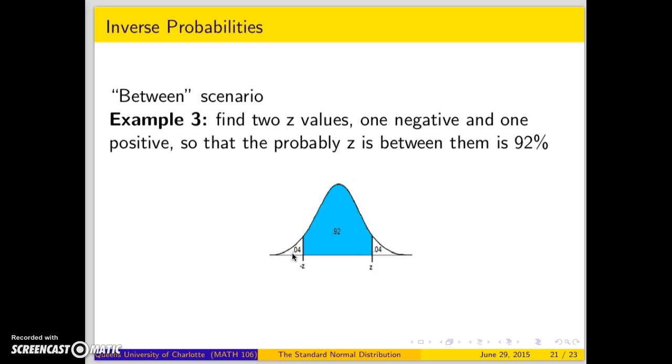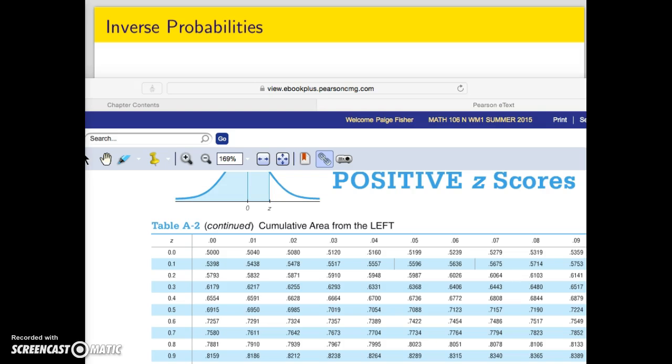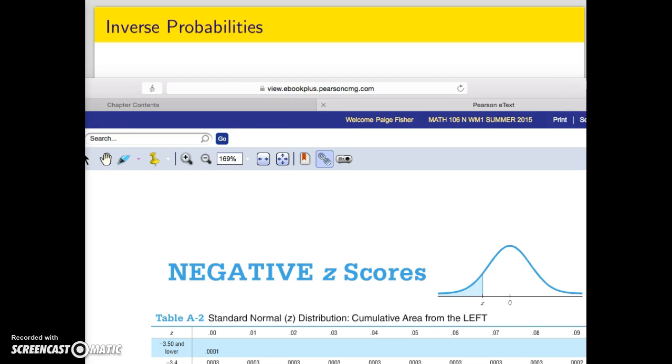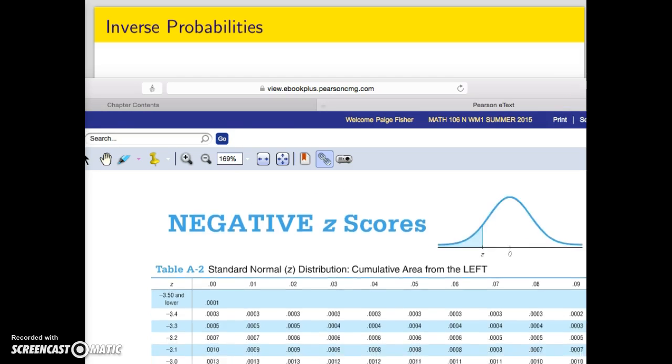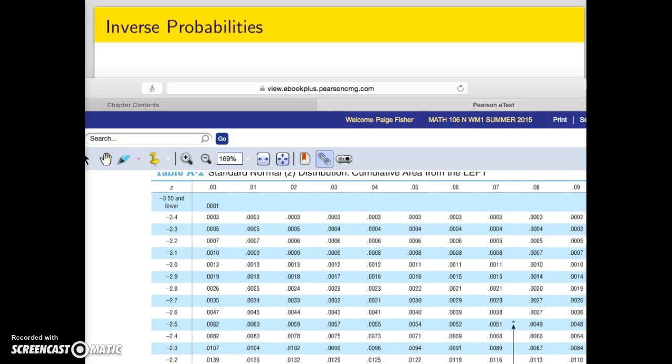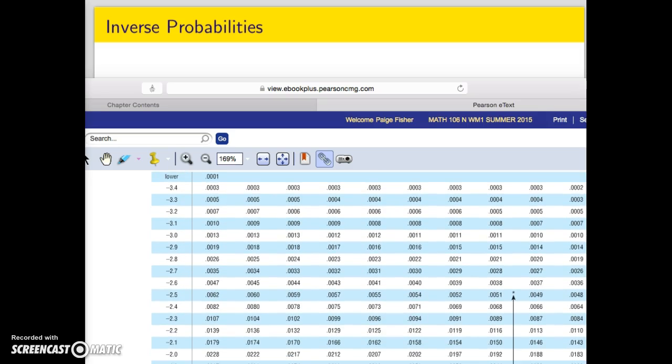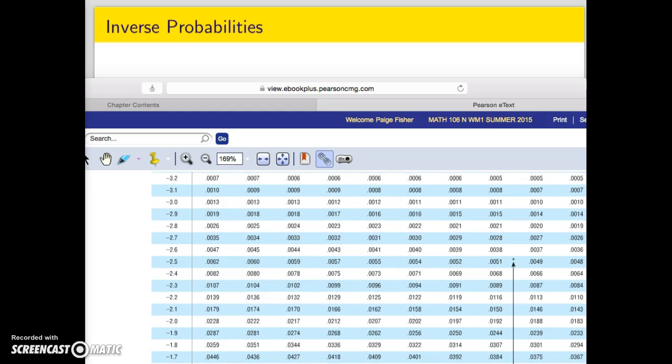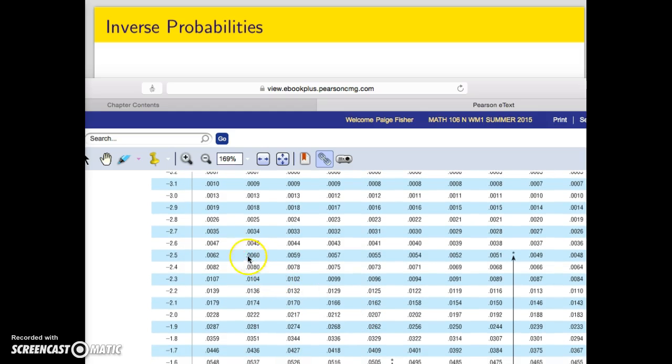So we look in the middle of the table for what 0.04 is, and let's look at that again. We're going to go to the negative side because it's less than 0.5. So close to 0.04, down here, and we get right here, it looks like.